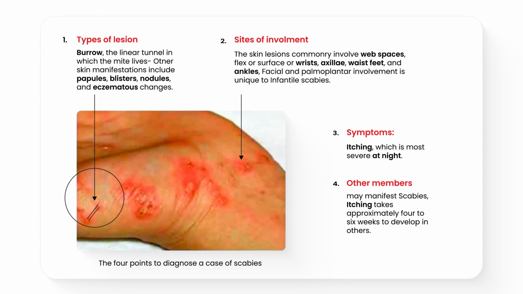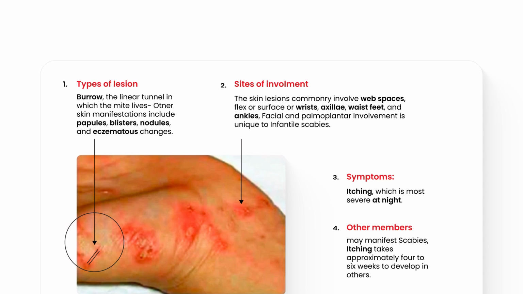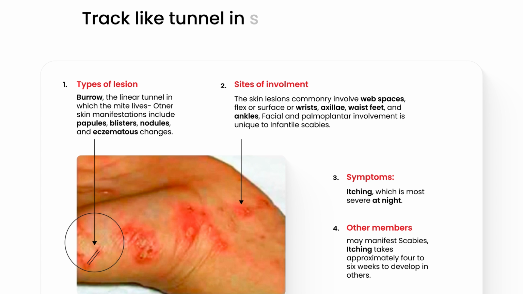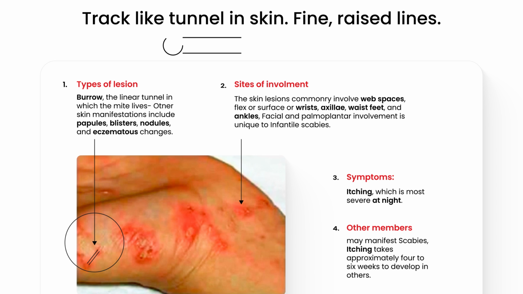Essentially, a burrow is a track-like tunnel, and this is pathognomonic for scabies. It's in the epidermis, and it's fine, raised lines, and there's a papule at the end.